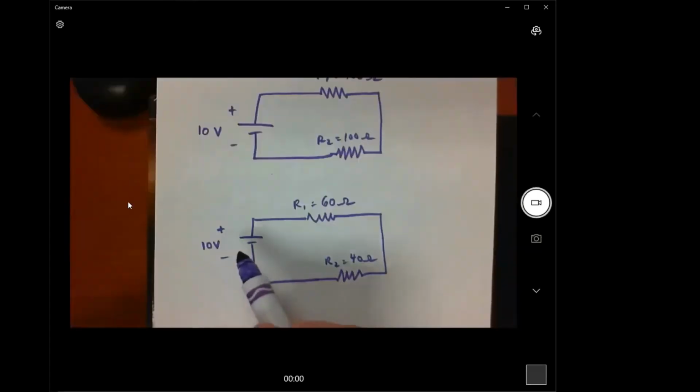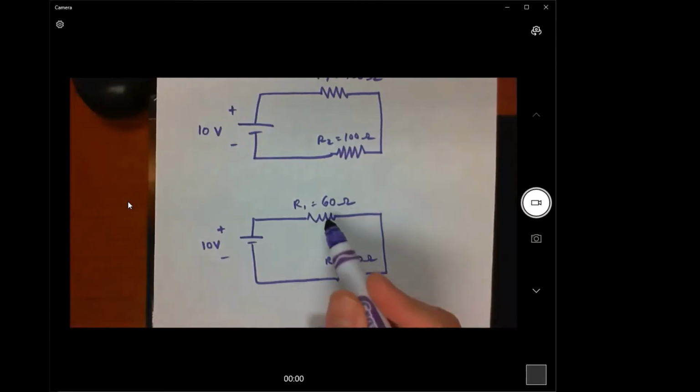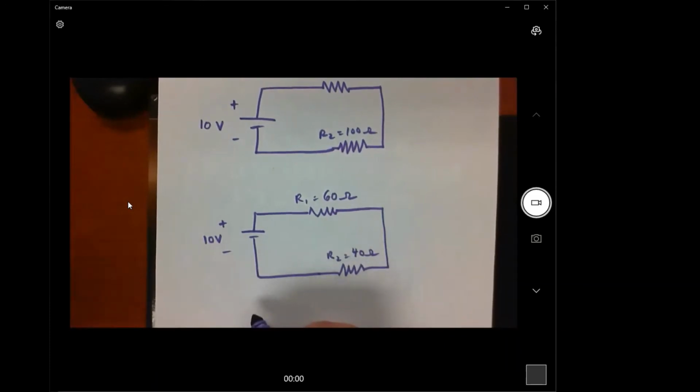Well, if R1 has a higher resistance than R2, then more of this voltage is going to be dropped across R1 than across R2. All right, so the voltage drop is actually proportional to this resistance as a fraction of the total resistance. So there's actually an equation for this. It's called the voltage divider.